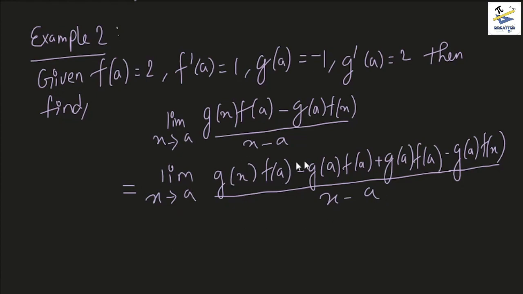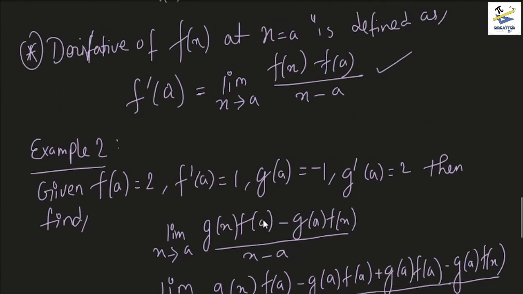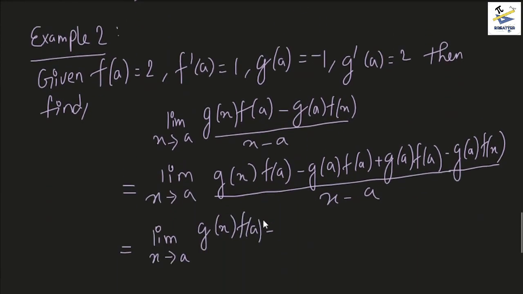Now why did we do that? Because we are going to separate the first two terms and the last two terms and write them as a separate limit. You will see why. Because we want to really find out how to evaluate this kind of problems using all the information given in the problem, and whatever we just learned a bit ago about the definition of a derivative, which you can see here, this would be handy.